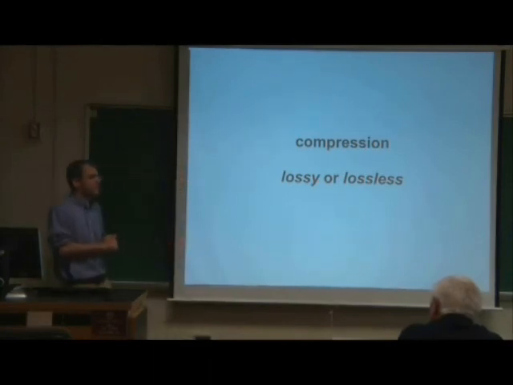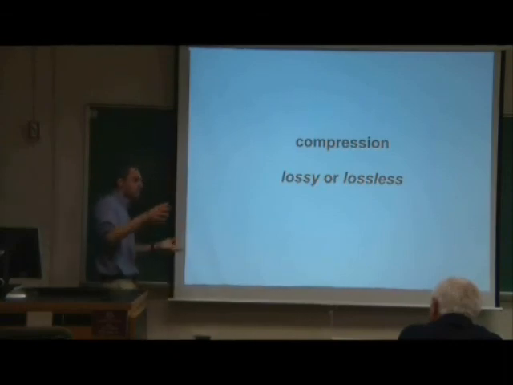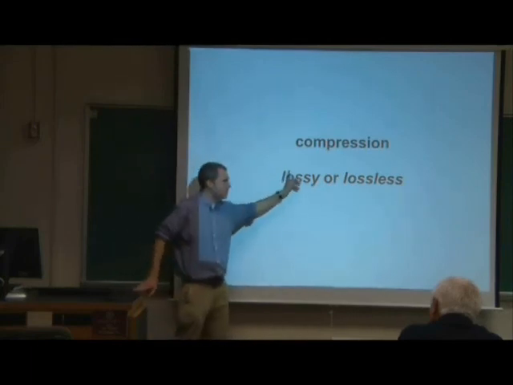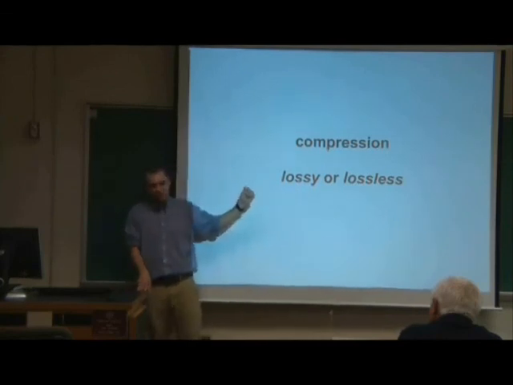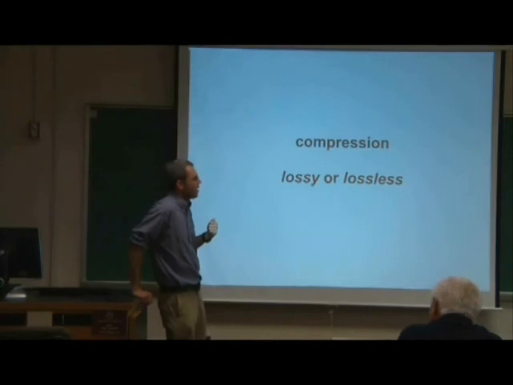JPEG is a compressed image format, which means that whatever the source of that image is, in order to get it into that JPEG format, some math has been done to those pixel numbers to make the data smaller. It's also a lossy image compression format. And this is important, especially when we're talking about digitizing for preservation, things around that nature.